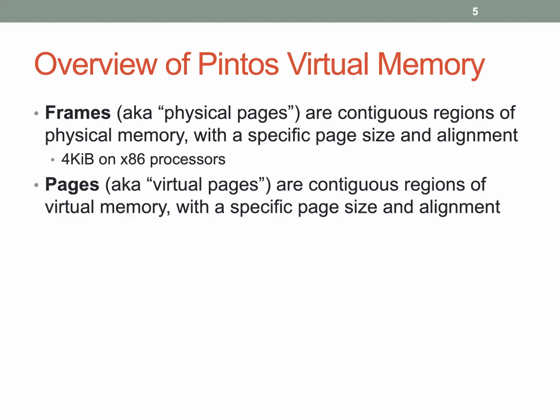Then you have pages, aka virtual pages, and those are chunks of memory that a process cares about. So it's like a process's stack or a process's program or the data that the process is working with. So that's a virtual page. And the page will be in a frame if the program is trying to work with it. Otherwise, if the page is on backing store, it's not in memory, and if the program accesses the page, it'll generate a fault.